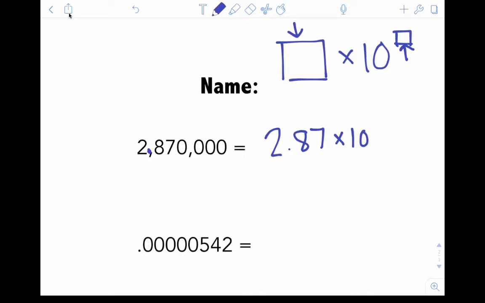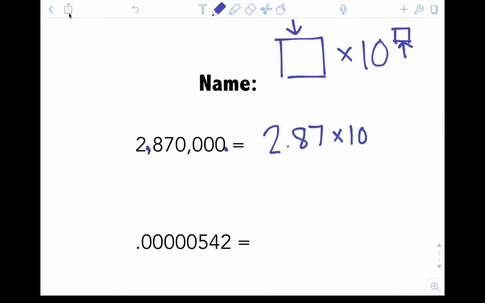So my decimal point started over here. And it moved all the way over here. So I need to count and see how many spots it moved. So it moved 1, 2, 3, 4, 5, 6 spots.